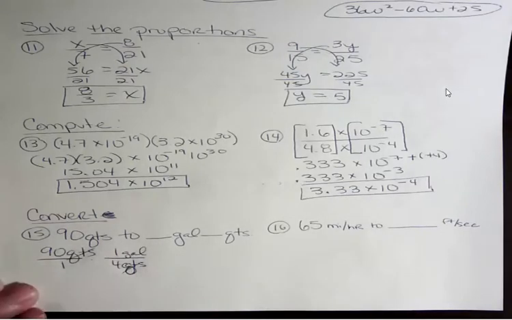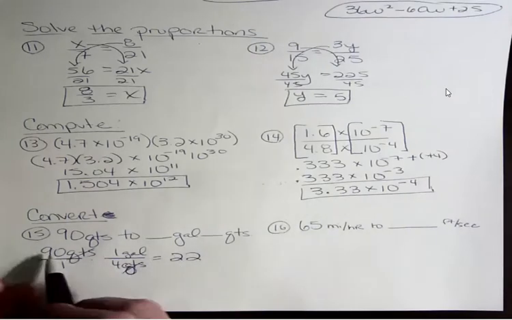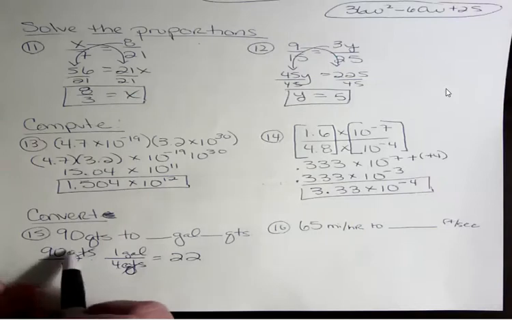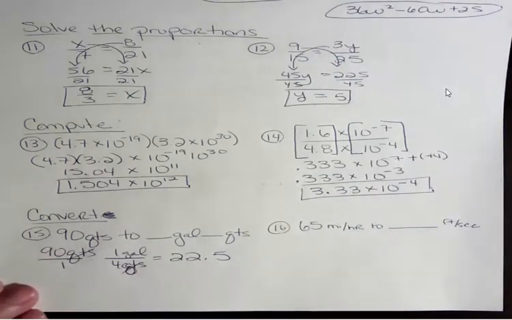Your quarts cancel, and you have 90 divided by 4. So 4 goes in there 22 times, because 4 goes into 9 twice, and then 10 is twice, and it's got 2 left over, so 22.5.